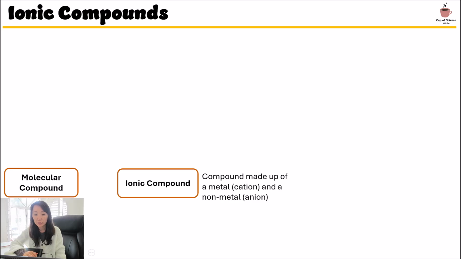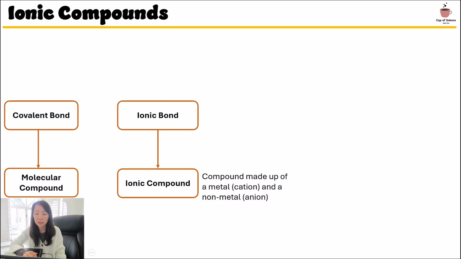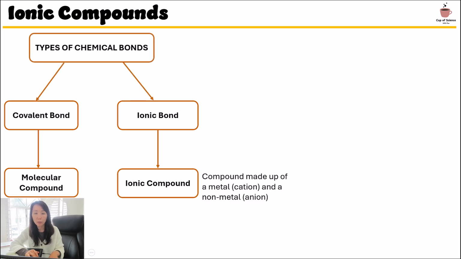These are able to form because of what is called the ionic bond, the forces that hold them together. There are two types of bonds: covalent, which leads to molecular compounds, and ionic bond, which leads to ionic compounds. These two types are the chemical bonds that you will see in chemistry.